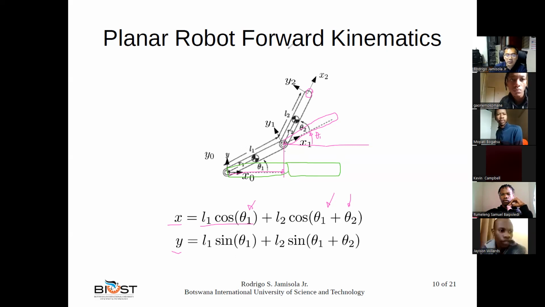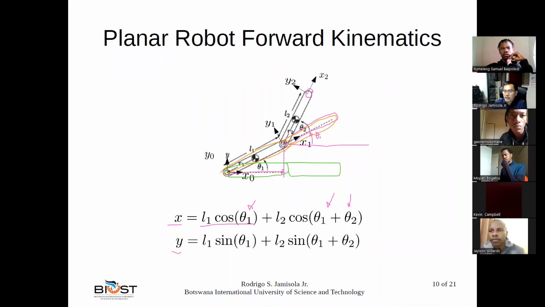When link 1 goes up, link 2 goes up with it. Then joint 2 moves from here to there, so the total angle that joint 2 moves with respect to the original axis is theta 1 plus theta 2. That's why you have theta 1 plus theta 2.